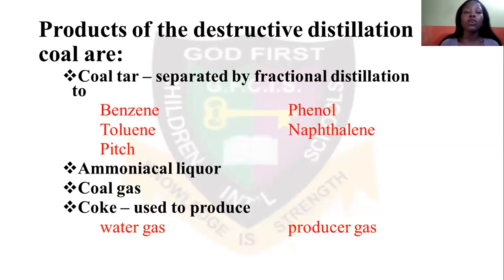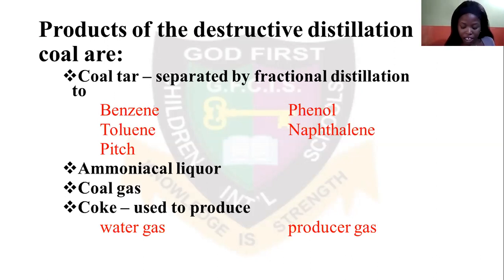Coal tar. Now, coal tar is one of the liquid products of destructive distillation of coal. This coal tar can be fractionally distilled. That means it will be put under fractional distillation, and you obtain products such as benzene, toluene, phenol, naphthalene, and pitch.